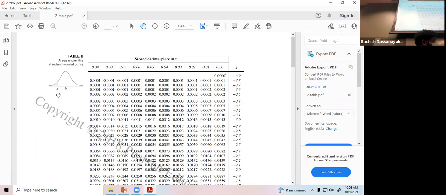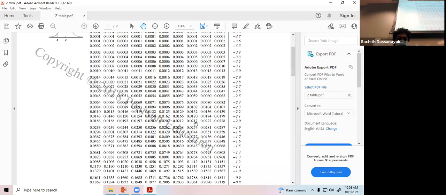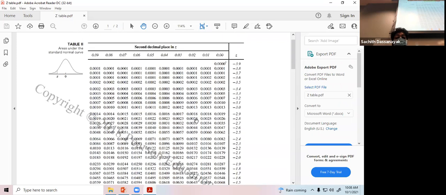In this case you can see Z, the value here, from the left hand side to the left of Z. This first table consists of all the values starting from negative infinity up to this particular Z value.